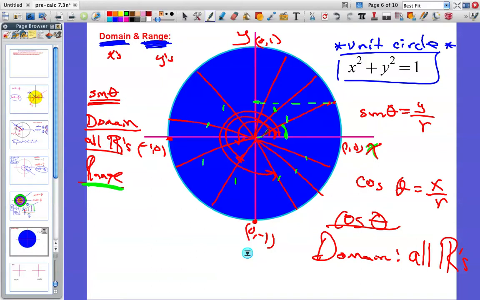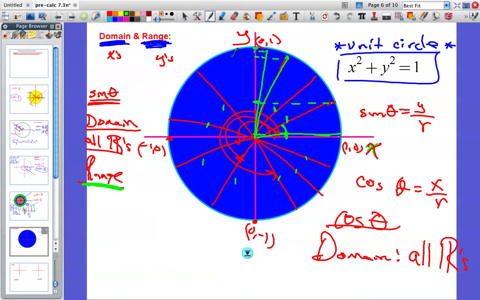So if I were to draw my angle in really close like this, like 1 degree, my y value is very small. With me? If I go up to here, my y value is very close to 1. Once I get here, it's even closer. Once I hit 90 degrees, it is exactly 1.